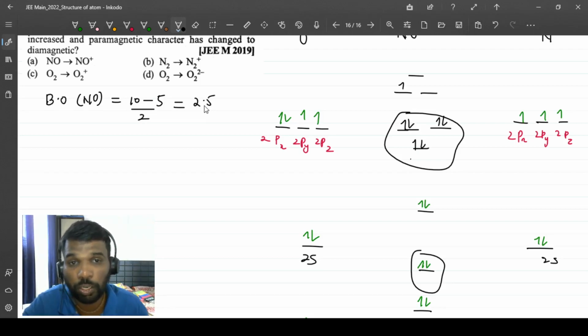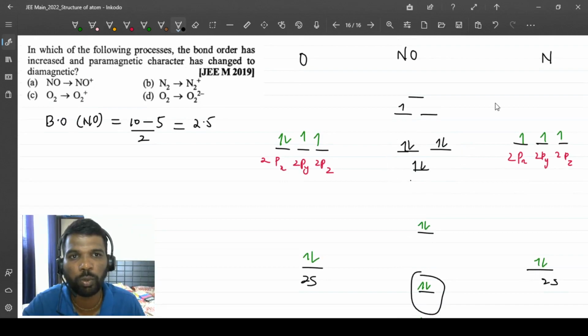Now you are changing it to NO plus. If you are changing it to NO plus, it will be this way. NO plus means one electron you will be removing. Now it is a 14 electron system.